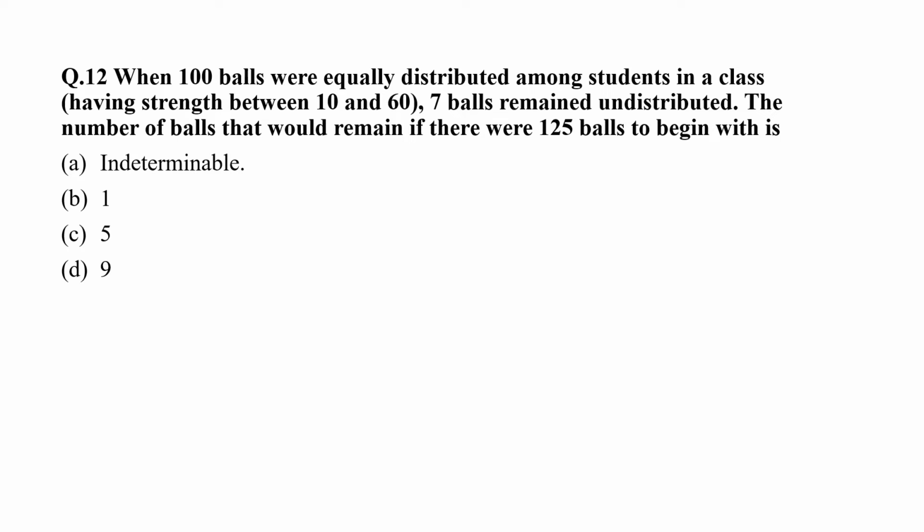Question number 12. When 100 balls were equally distributed among all the students in the class having strength between 10 and 60, 7 balls remained undistributed. The number of balls that would remain if there were 125 balls to begin with is. So we have to find out the remaining balls, right?